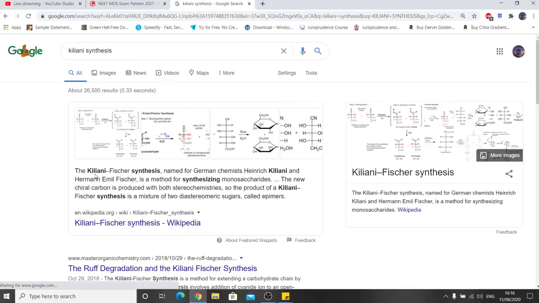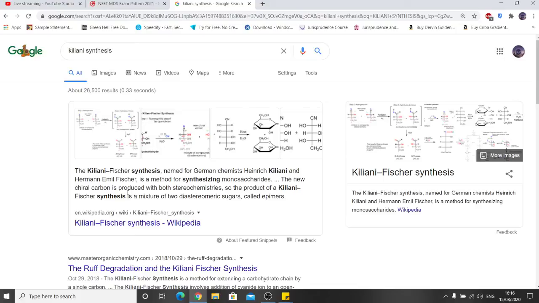Yeah. So the thing is, the Kiliani or Kiliani-Fischer synthesis, named for German chemists Heinrich Kiliani and Hermann Emil Fischer, is a method of synthesizing monosaccharides. The new chiral carbon is produced with both stereochemistries.